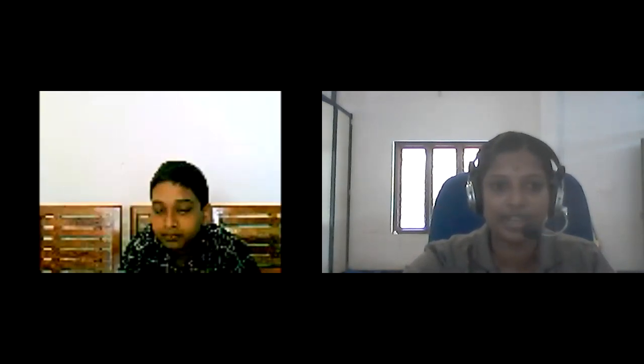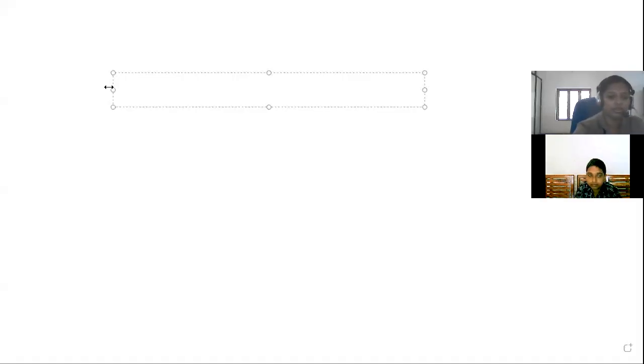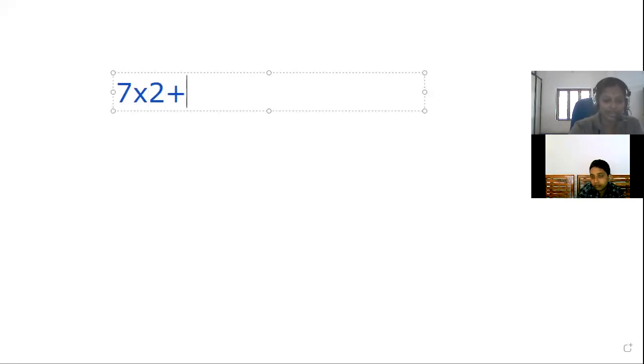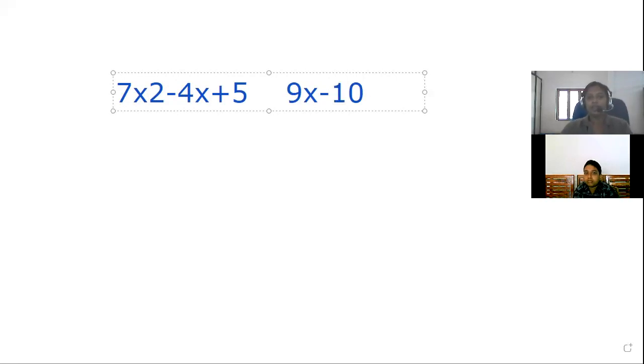The first one is 7x square minus 4x plus 5. The second expression is 9x minus 10. Here we have two expressions. The first one is 7x square minus 4x plus 5, and the second one is 9x minus 10.